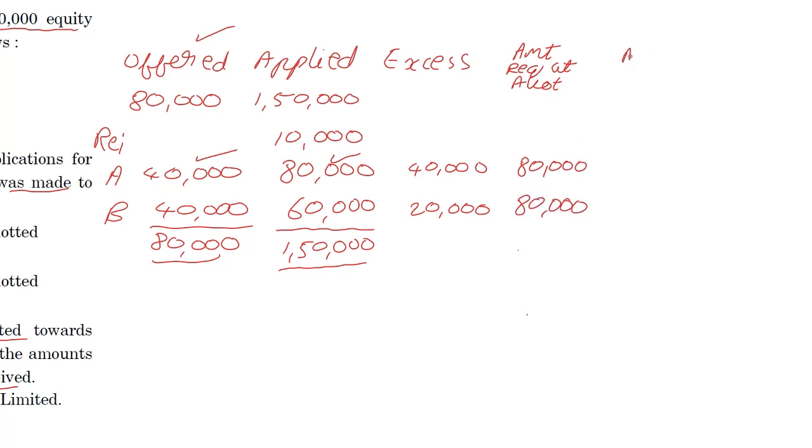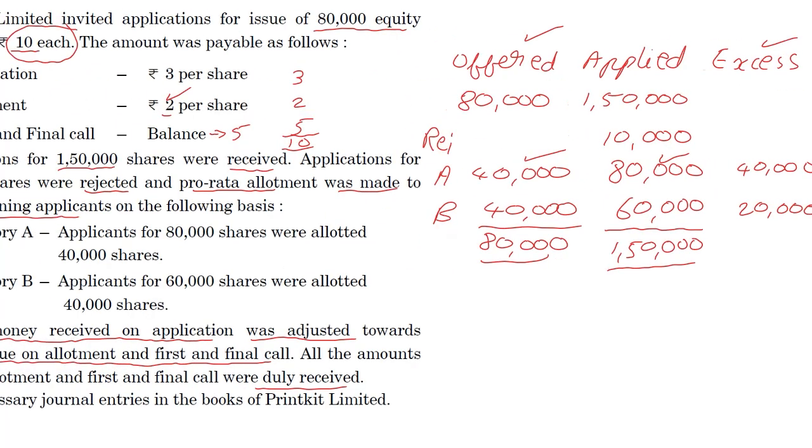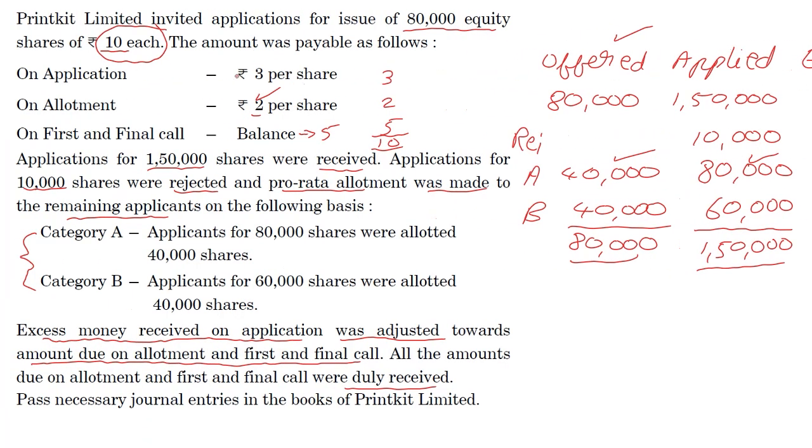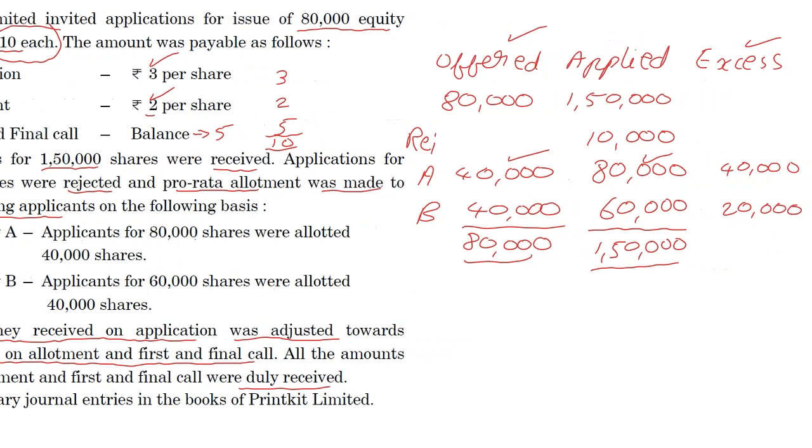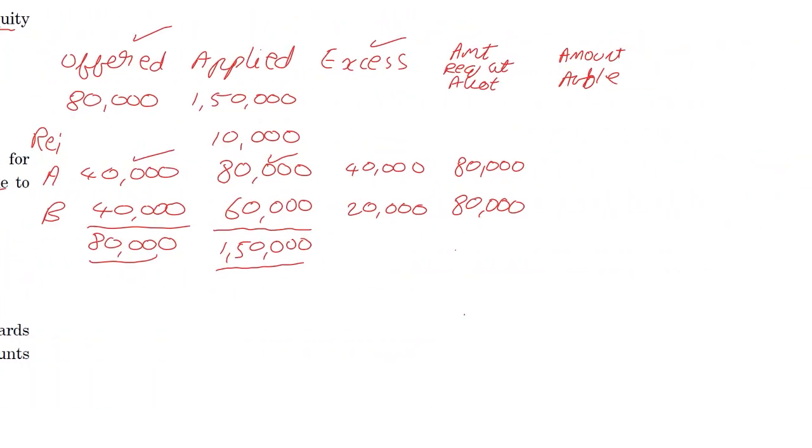But the amount available, which is your excess shares into the application money of 3, we need to multiply. Taking 3, multiplying it into 40,000, I get 1,20,000. Multiplying it into 20,000, I get 60,000. Why am I doing all of this? Because I need to check how much is going to go to calls in advance.